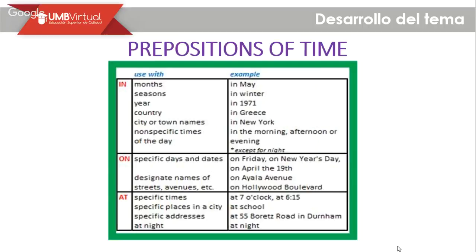Okay, in the next part, we have the preposition on. When do we use it? When we want to express specific days and dates, and designate names of streets, avenues, etc. En el caso del on, a diferencia del in, hacemos precediendo la fecha donde se tiene en cuenta tanto el mes, el año como el día.